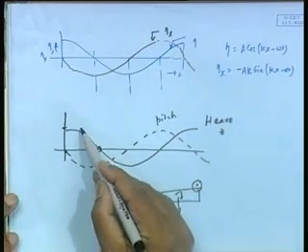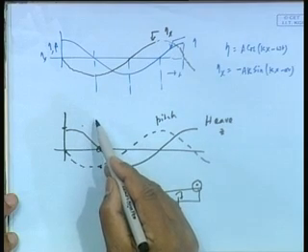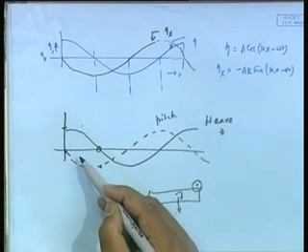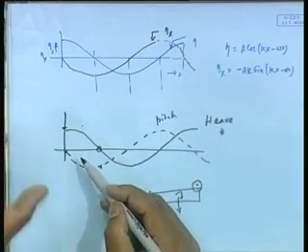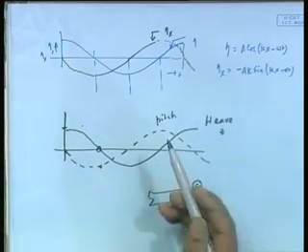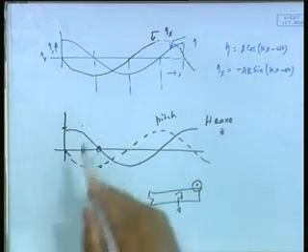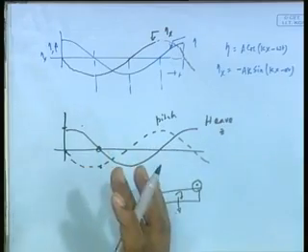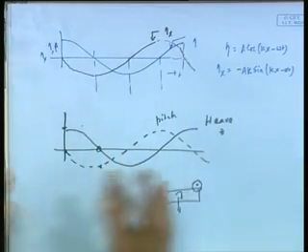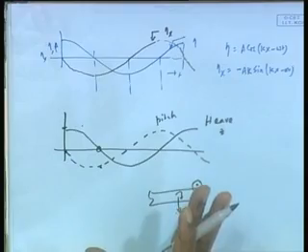If I was to write this as z equal to za cos omega t, this will become theta a cos(omega t plus a phase). Remember what we have done, we are always measuring the phase with respect to the input wave signal in our usual study.